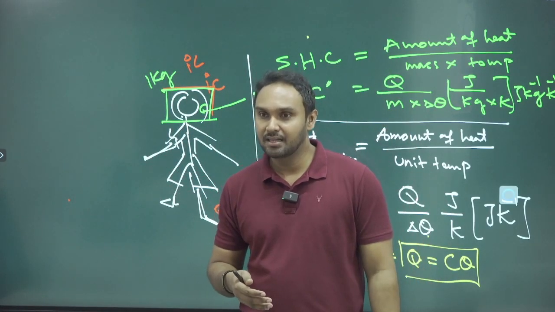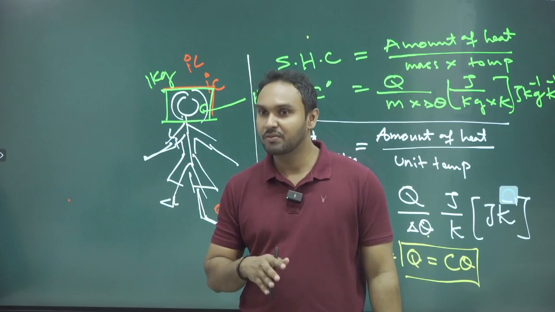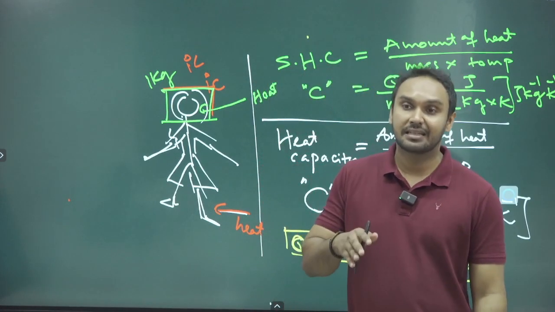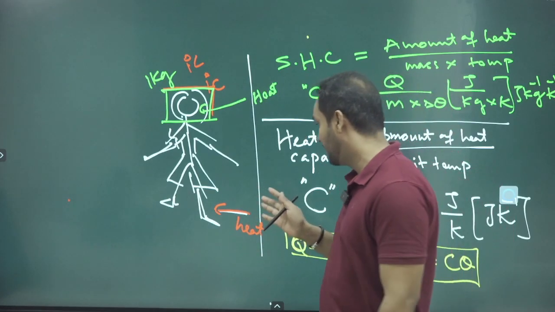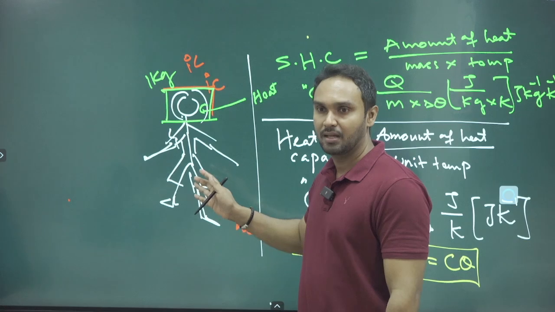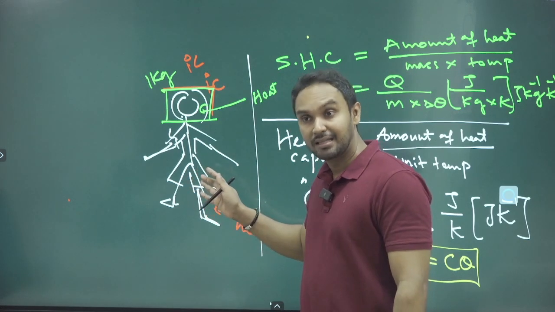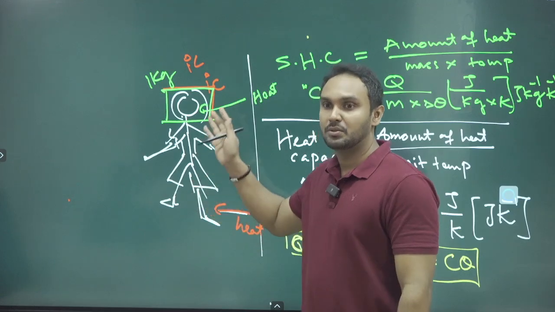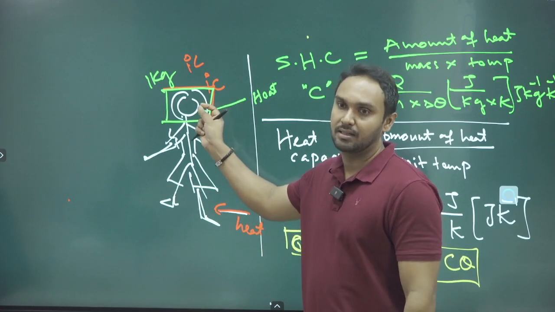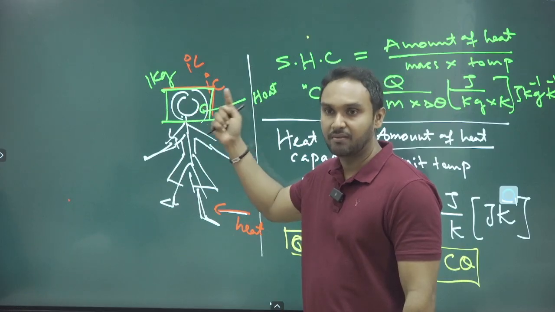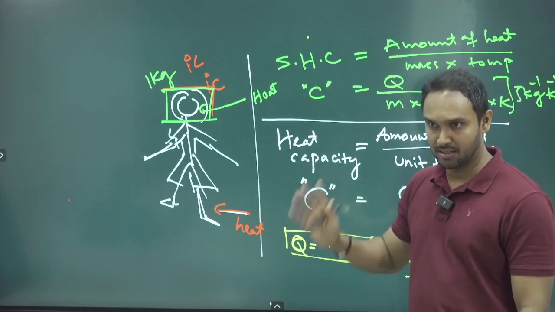So the heat capacity is the amount of heat that it takes to increase its temperature by 1 unit, right? The object absorbs the heat and the temperature increases. The amount of heat it takes to raise the temperature by 1 unit is what we call the heat capacity.